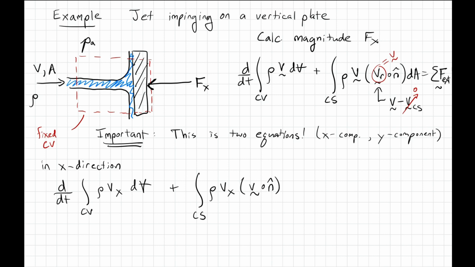Now v dot n, after you take it, becomes a scalar, but we have to keep close track of what the sign of v dot n is and what direction it points. I'll come back to that term in a second. So the rate of change of total linear momentum has to be equal to the sum of external forces.